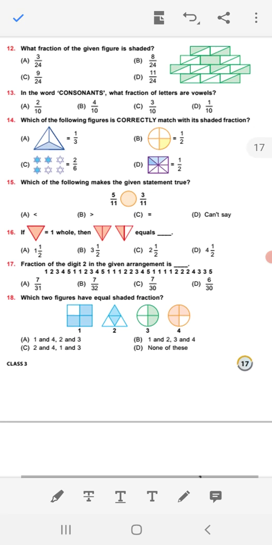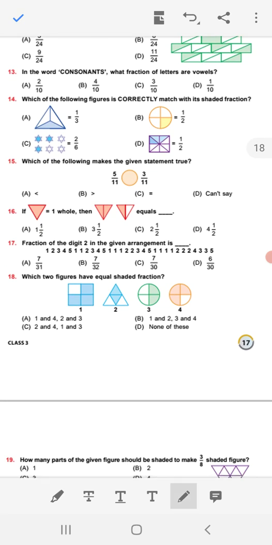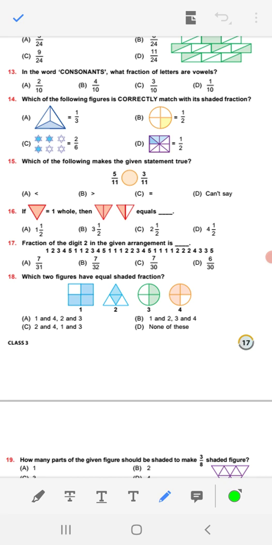Now coming to question number 15. See it here. Which of the following make the given statement true? 5 by 11 and there is a blank space, and then 3 by 11. Which one fits? Less than or greater than or equal, or can't say. See here, denominators are same. So compare from their numerator. 5 is greater than 3.